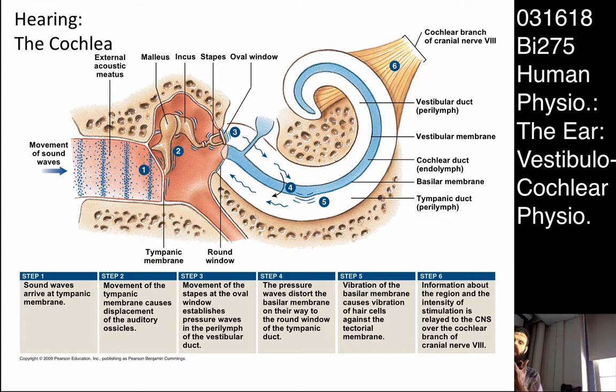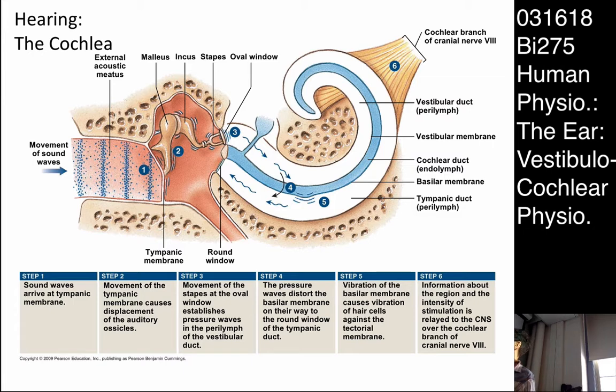Well, because of the structure of the cochlea, whatever that frequency is, it's going to vibrate a part of the basilar membrane of the cochlear duct, at some point along this spiral.